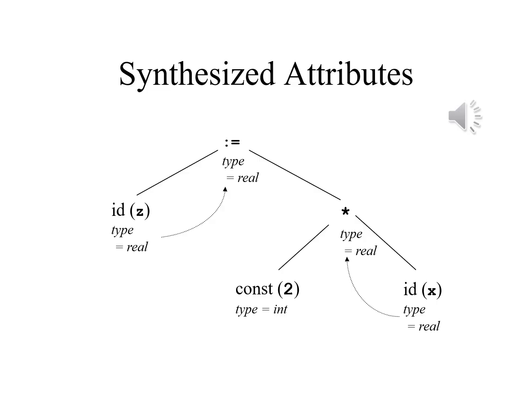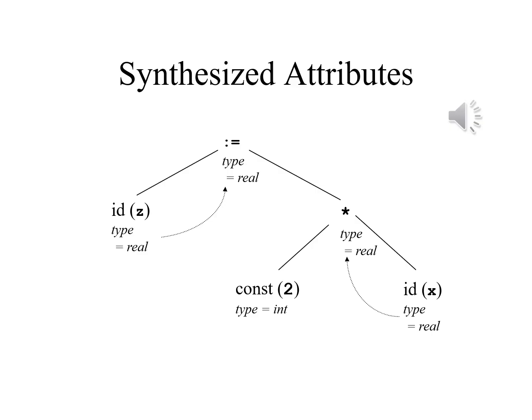Here we see an example of synthesized attributes. You'll notice that this is the abstract syntax tree for an assignment statement. We can see here we have the extrinsic properties that z is a variable which is real, x is a variable that's real, and the constant 2 is an integer.